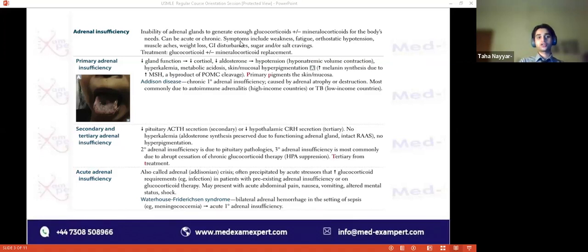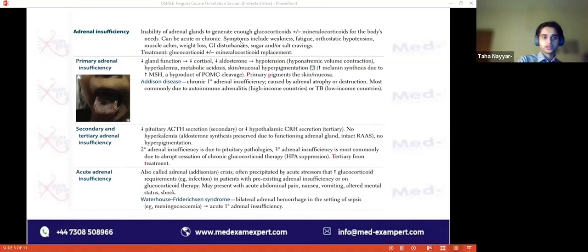Why do you get sugar and salt cravings? Because cortisol causes upregulation of glucagon, and cortisol basically increases the levels of glucose in your body. If you're deficient in cortisol, you're not increasing the level of your blood sugar, and that's why you're craving sugar.